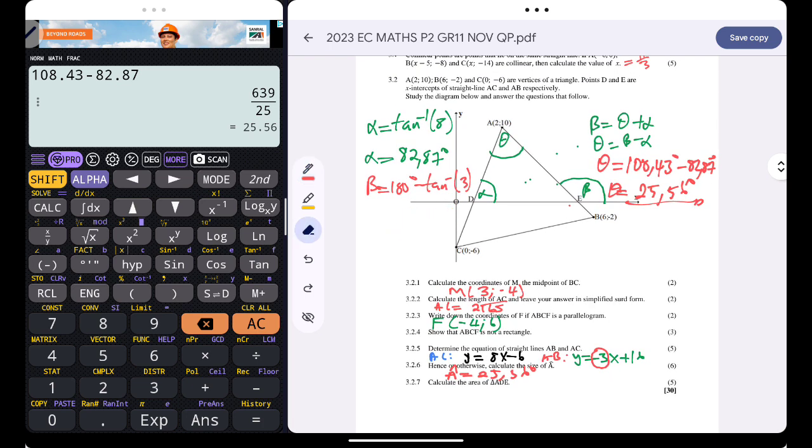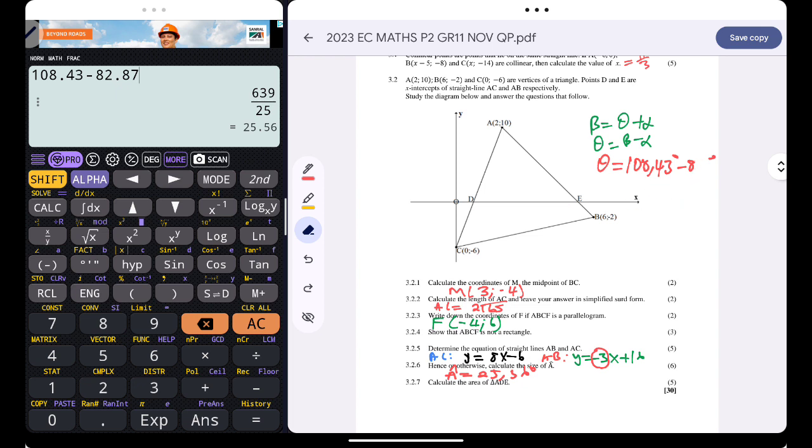Now I'm supposed to calculate the area of triangle ADE. I now know that I have 25.56 degrees, right?